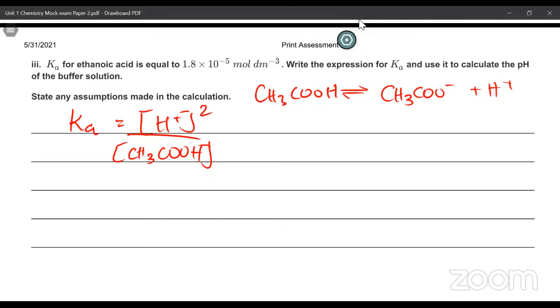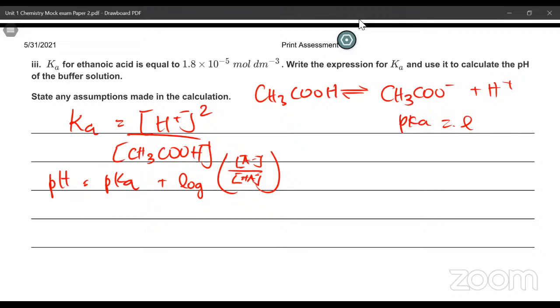And now to work out the pH of the buffer solution, you'll need to know the Henderson-Hasselbalch equation, which is pH equal to pKa plus the log, base 10 of course, of the concentration of the salt over the concentration of the acid, right? Now, pKa is equal to minus log to the base 10 of Ka.